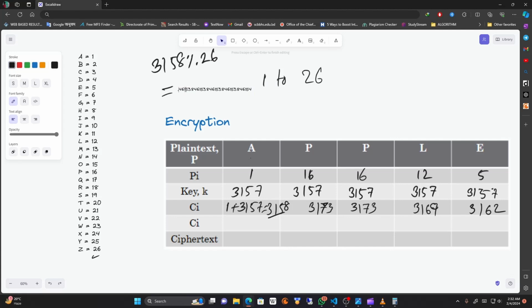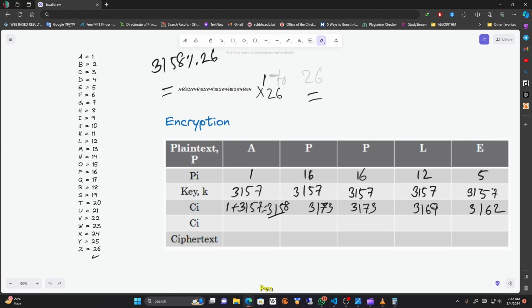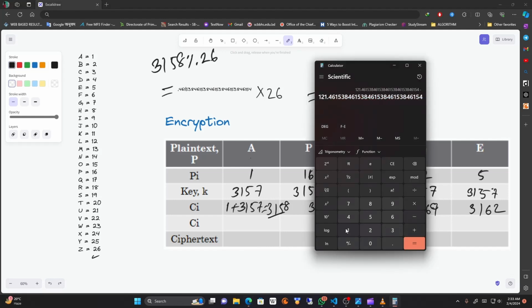Okay, this is our fraction value. Now we just need to take this fraction value and multiply it with 26. If we do this, then we'll get a value, let's do it again. 3158 divided by 26, minus 21 into 26.